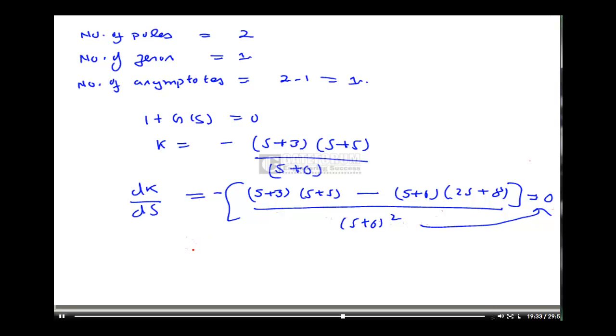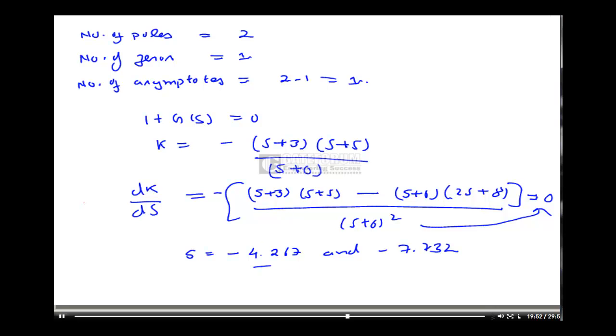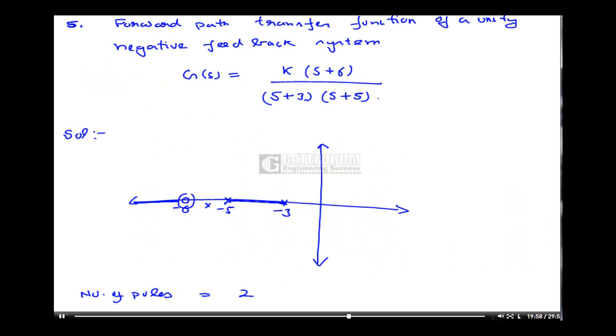I will get the values of s as minus 4.267 and minus 7.732. Now the breakaway point and break-in point always lie on the root locus. Okay, so the first value minus 4.267 lies between minus 3 and minus 5. It is somewhere between this point, minus 4.267. So definitely at this point two poles are coming and they are moving apart. They will move at an angle of 90 degrees, then they will deviate and come towards the zero.